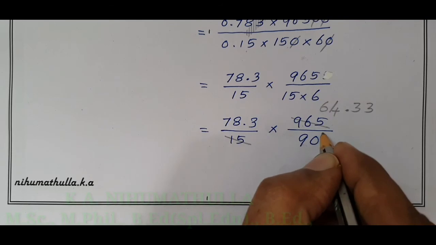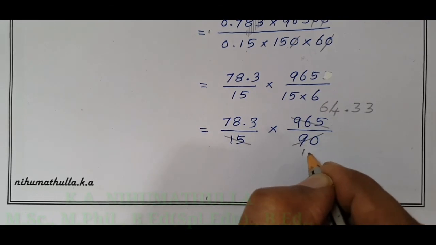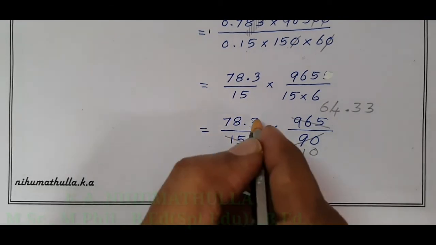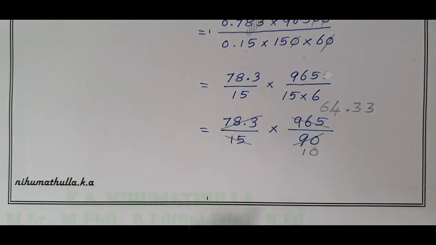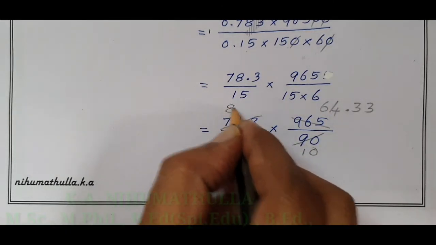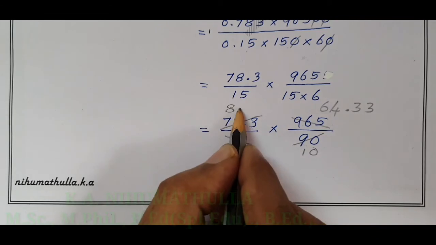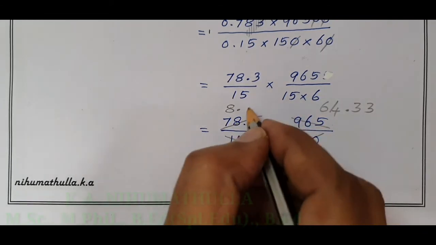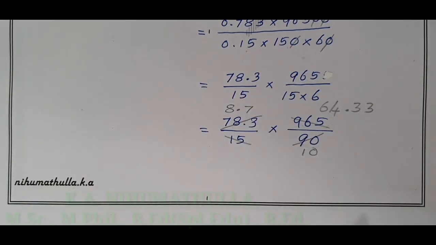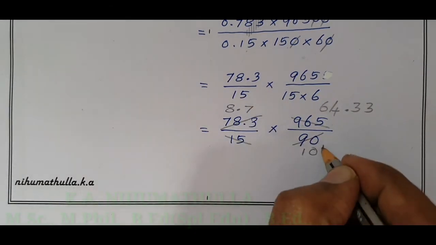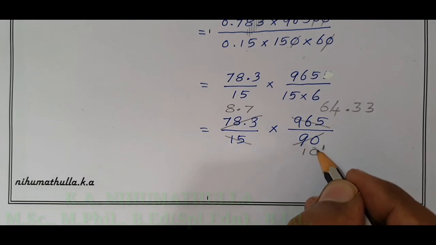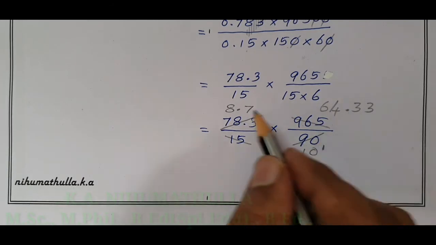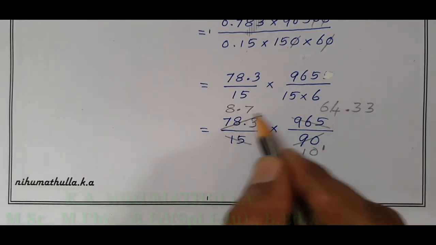Now here, cancel this by 9. 8 9s are 72. Remaining 6, 63. 7 9s are 63. Here we have 10 power 1. We will finally bring the 10 power 1 to the numerator. Now we are going to multiply these two quantities.